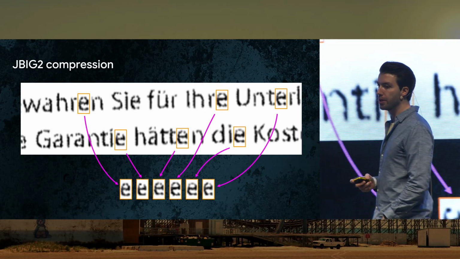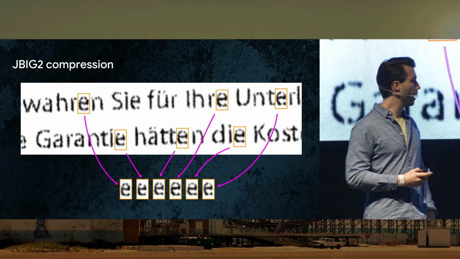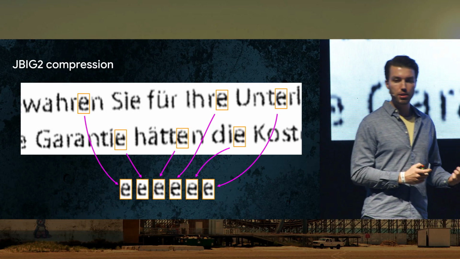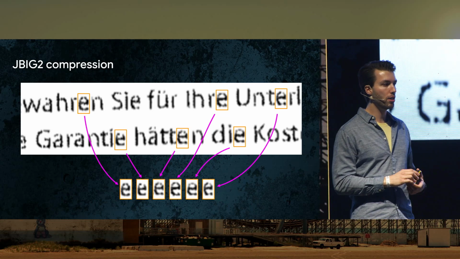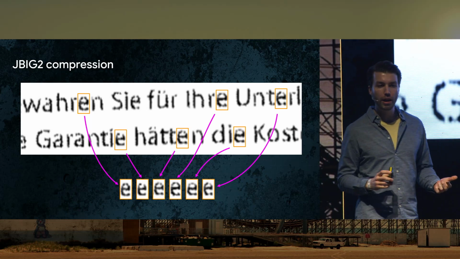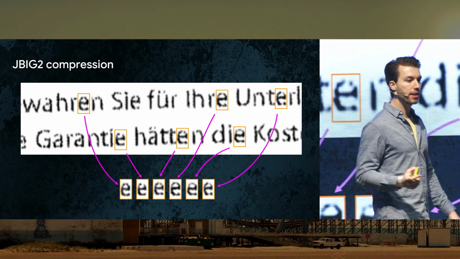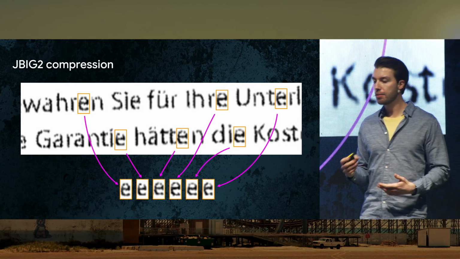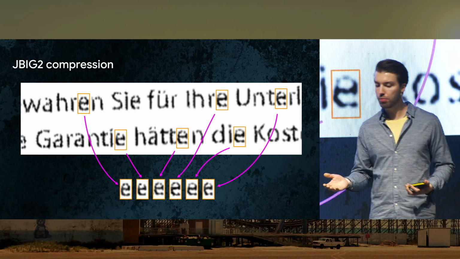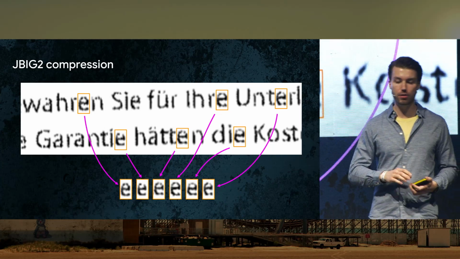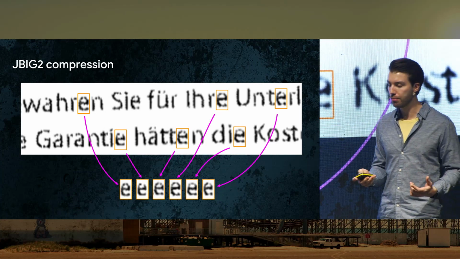The next thing is we need to understand a bit more about what JBIG2 is. It's a compression algorithm designed originally for, I believe, black and white scans of documents. One thing it can do is figure out similar looking pixel patterns, like it might identify all of these E's as being similar in this document, and group them together.